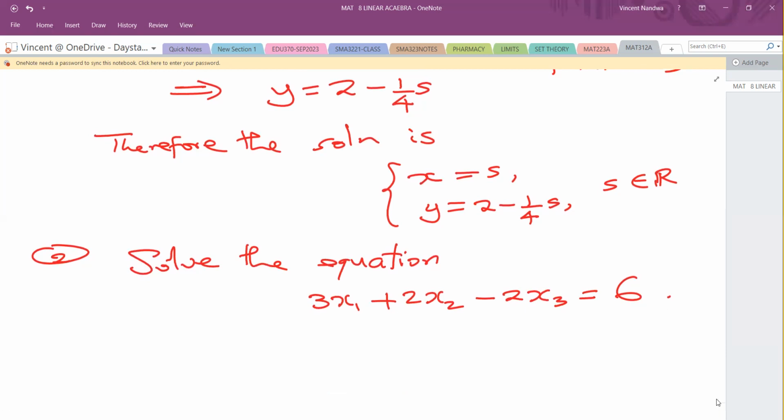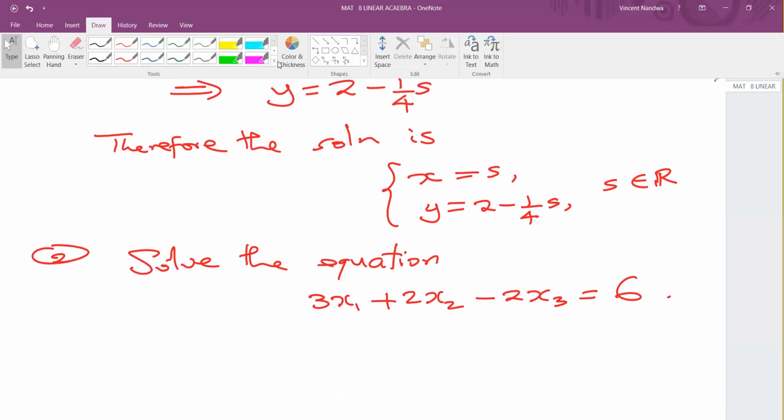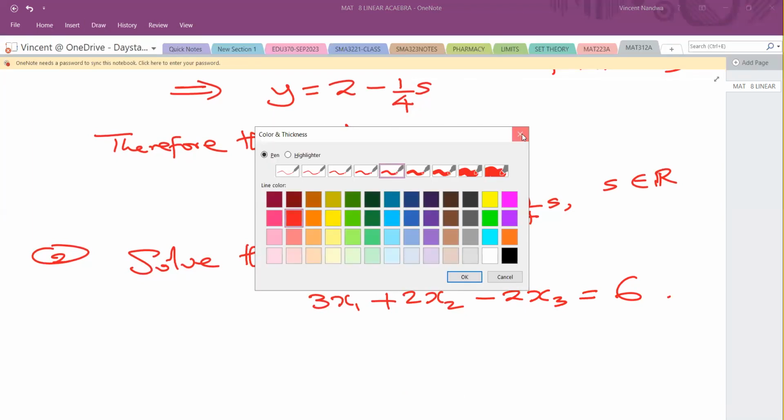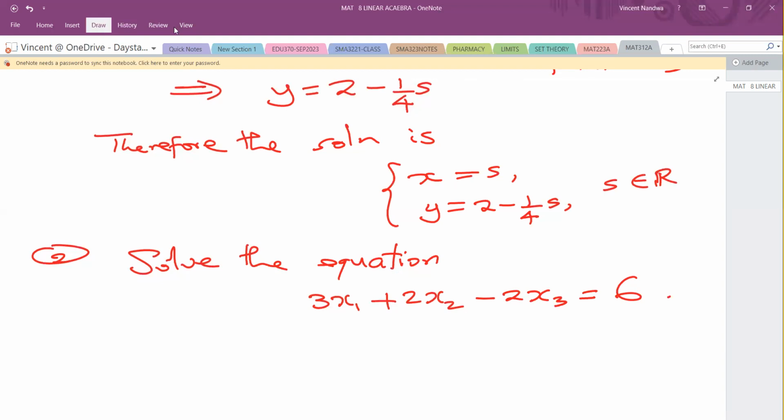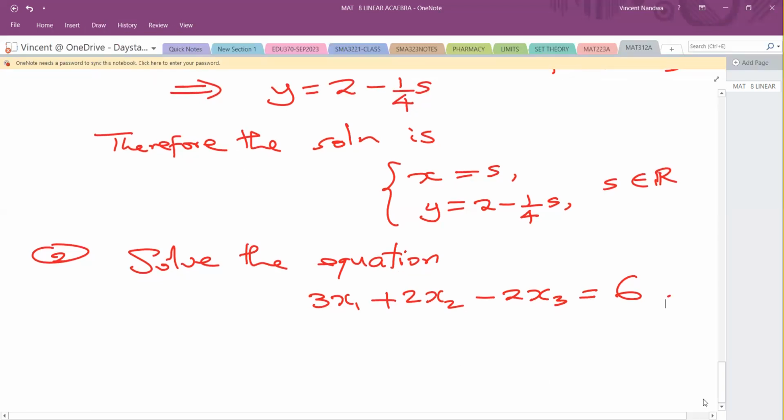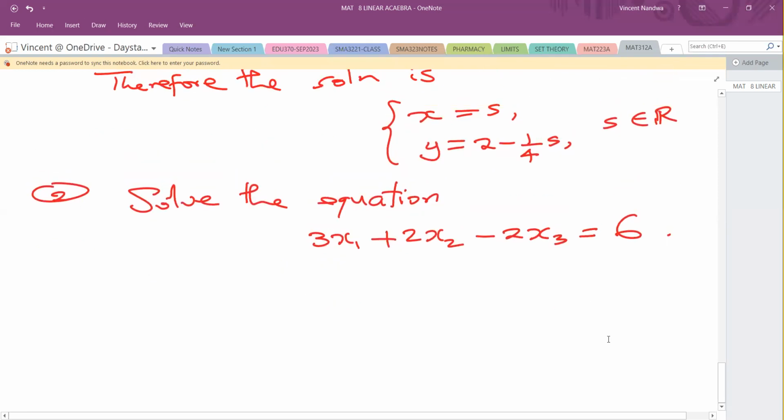Can we solve it together, or you can do it on your own? Okay. So it is the same approach: simply make one variable the subject, and then fix the others to be arbitrary real numbers. Yes, x1, x2, and x3 are 3 different variables.